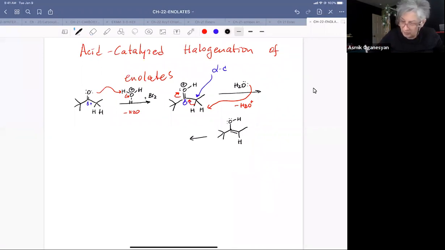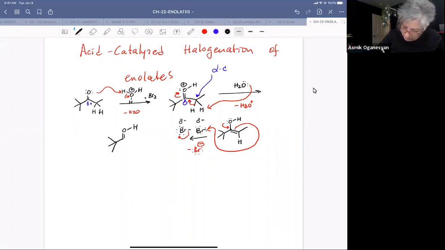Okay, so then we're going to close this back on, move the electrons back onto carbon, and instead of moving them back onto carbon, let me pick up the bromines right away. And of course, it could happen from top or bottom, so we will be forming a racemic mixture.